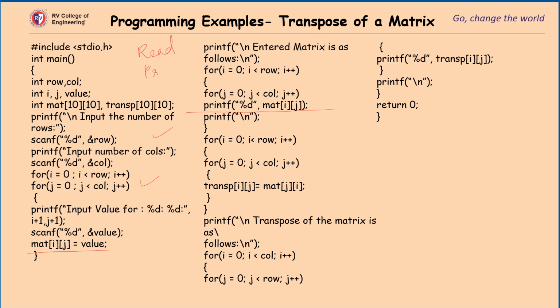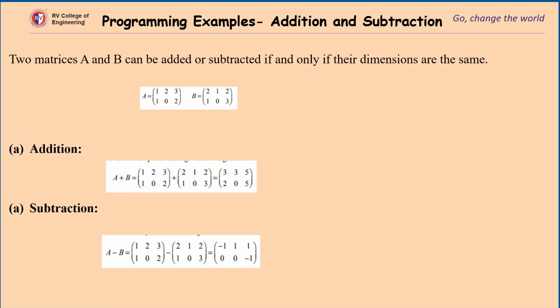Read a matrix and print a matrix. Now to find the transpose of a matrix, only this changes. For rows, I need to store the column, and column should become the rows. Also, while printing, i ranges from 0 to column, j ranges from 0 to row, print the transpose of the matrix. Right?